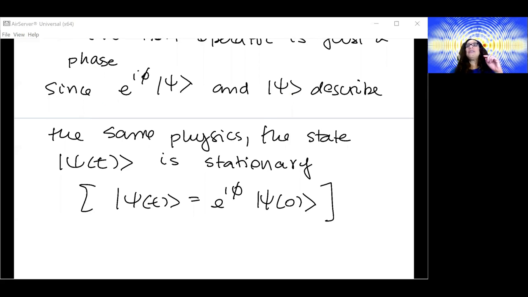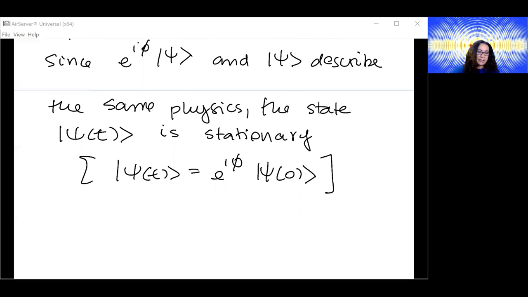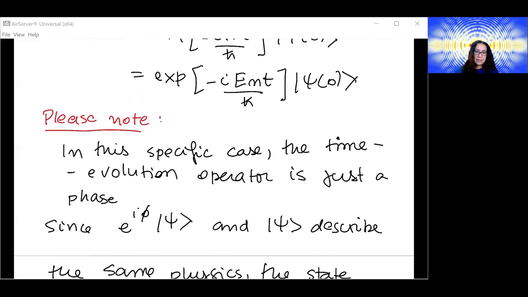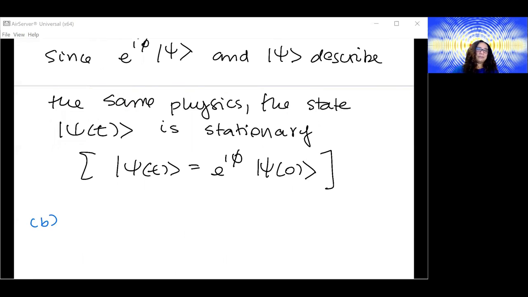Now we know also that what matters to us many times are phase differences, right? If you had, for instance, a coherent superposition of eigenstates at the very beginning, then you have to be a bit careful. So in general, this was point A, and I make a point B here.